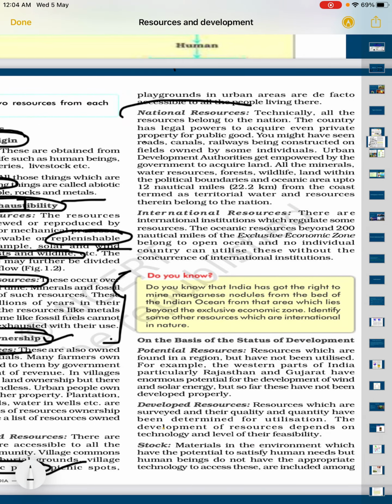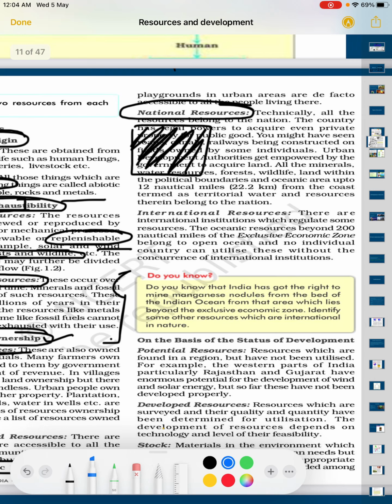Next is your national resources. A national resource is something which is present in the territory of the country. Basically our individual resource and community owned resource, everything comes under national resource, but in a broader sense, everything which is present in the territory of the country is a national resource.